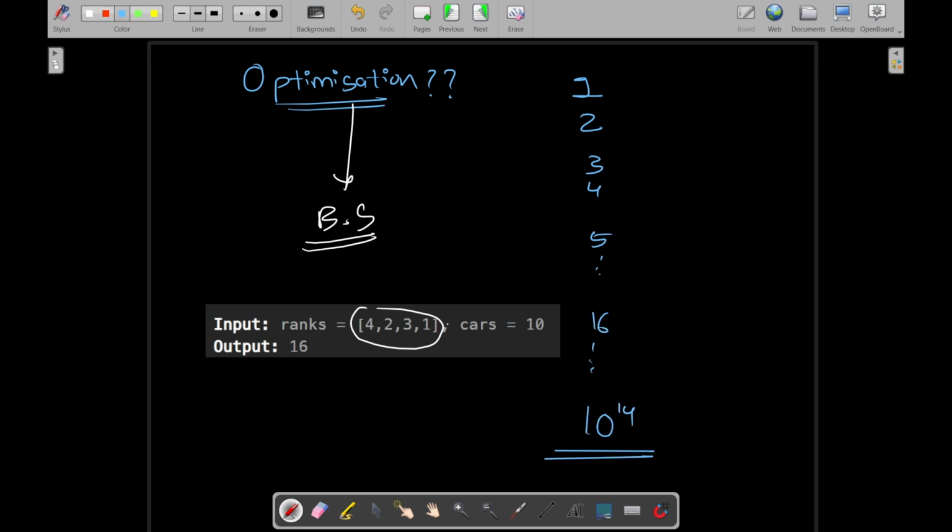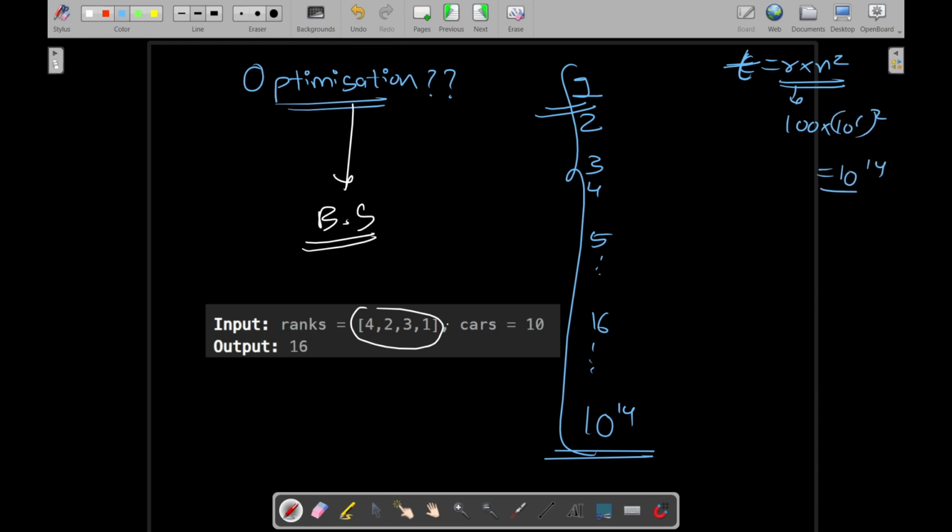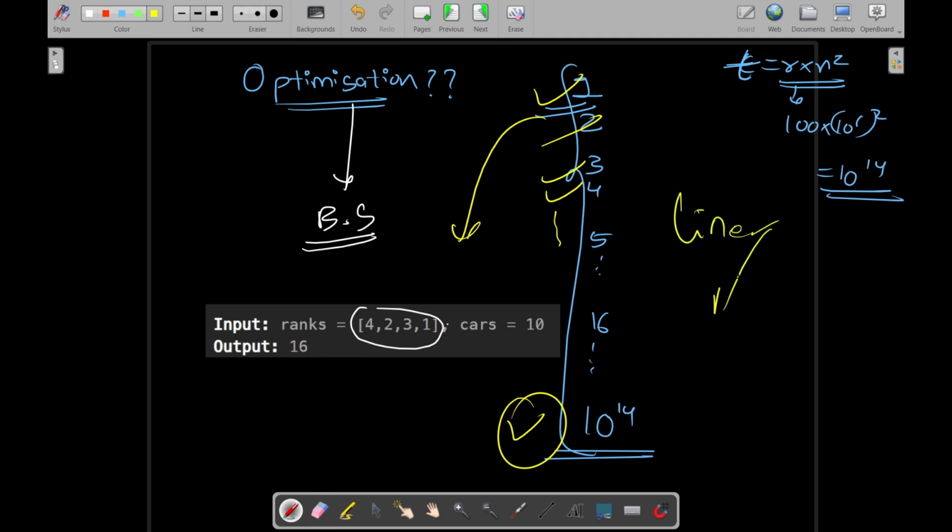This is our search space because, as I told you, the total minutes that we will be finding will range from this to this, because cars equal to R cross N square, right? So R is 100 and this is 10 raised to 6 squared. So it is obviously 10 raised to 14. So first we start with 1 and check, not possible, then 2, then 3, then 4, dot dot dot for each and every value up to 10 raised to 14. This is our linear, or we can say brute force approach.